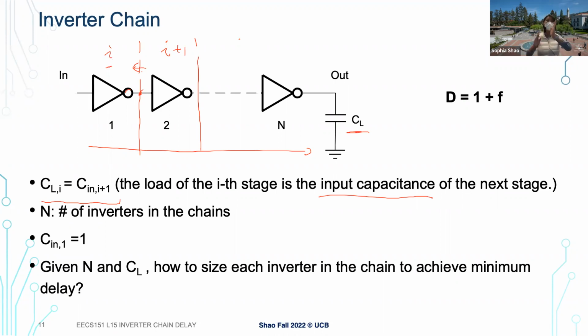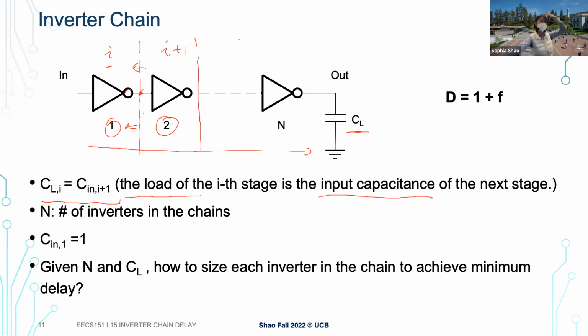Now you see where input capacitance is actually used, because the input capacitance of stage 2 is the load capacitance of stage 1. Stage 1 is driving the gate of stage 2, so the load of stage 1 is basically the input capacitance of the next stage, stage 2.